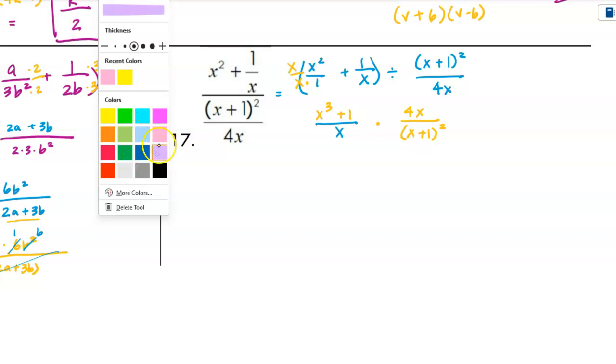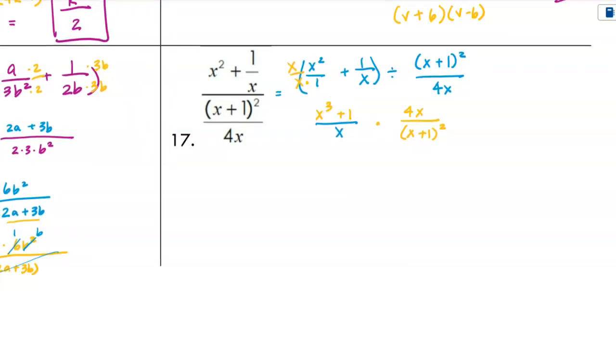This is the sum of cubes. The formula for the sum of cubes is x plus 1. You cube root the first term, you cube root the second term. So the cube root of x cubed is made up of x times x times x. So that's x. And you cube root the last term. So 1 times 1 times 1 makes up 1.